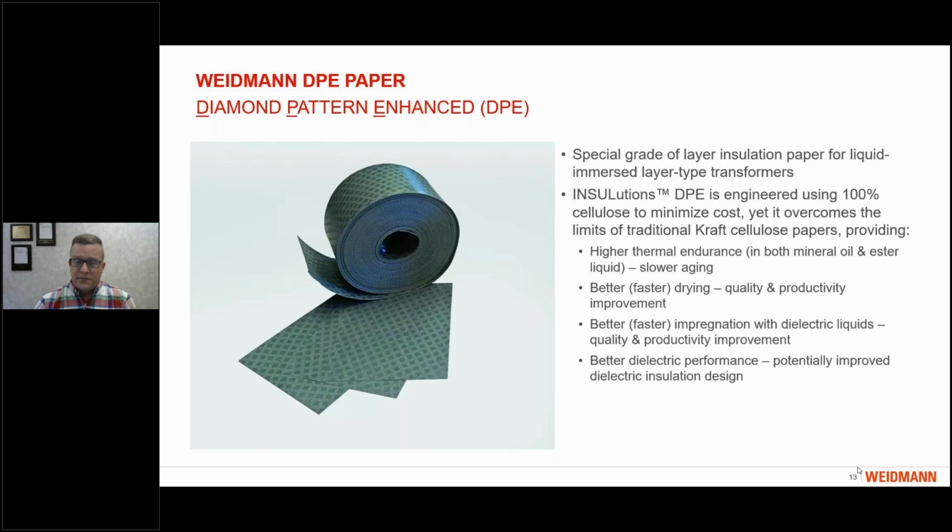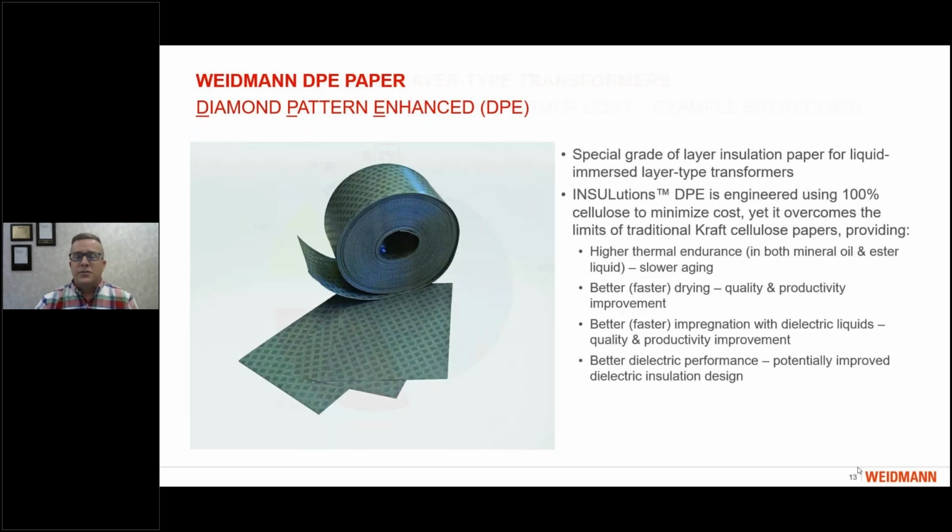It dries faster. So you can potentially have higher quality and productivity when these transformers are being made in the factory. It also impregnates with dielectric liquids faster, similarly quality and productivity improvement potential. And then finally, it has better dielectric performance. And so you can potentially improve your dielectric insulation design with this DPE paper.